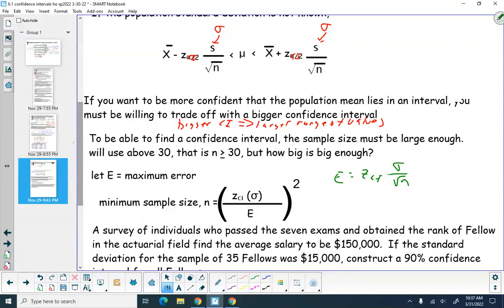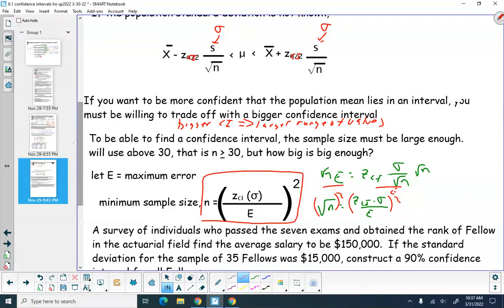If you solve for n here, we can multiply both sides by square root of n, and divide by this error. Then you can solve for n by squaring both sides, and this is what you end up with.